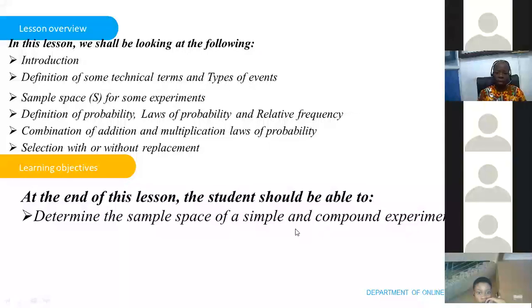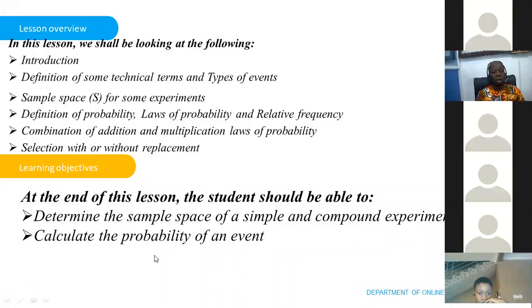When you have a compound statement, you should also be able to determine the sample space. Calculate the probability of an event. So, knowing the sample space, you should be able to find the probability of an event.